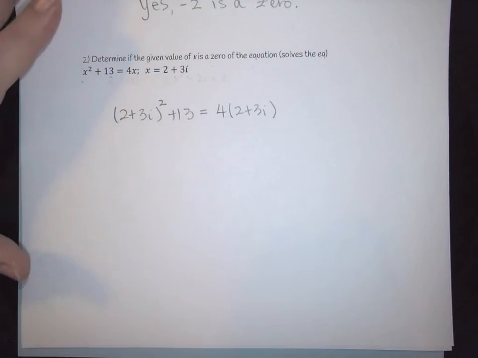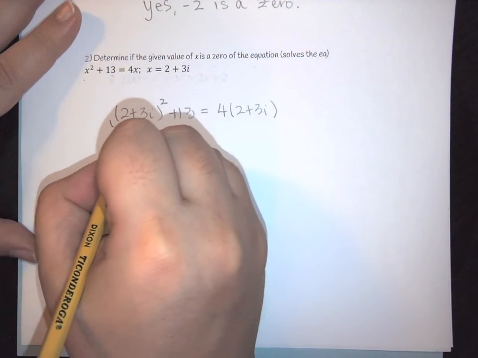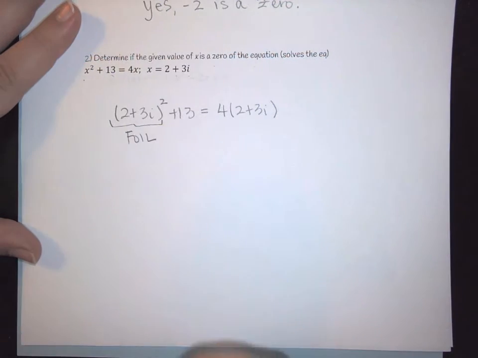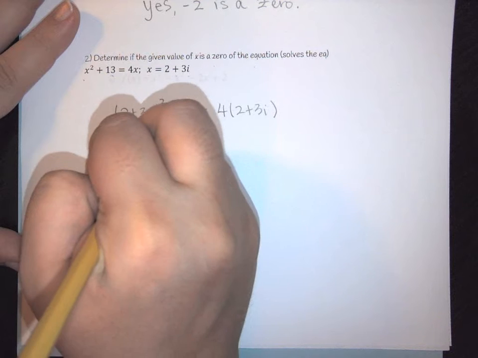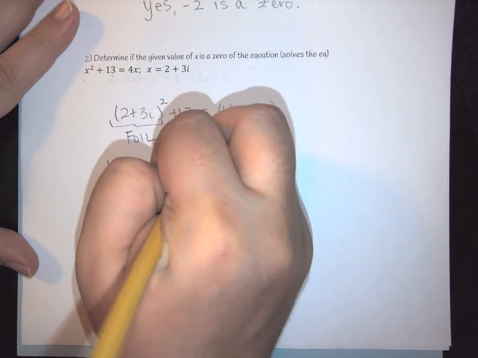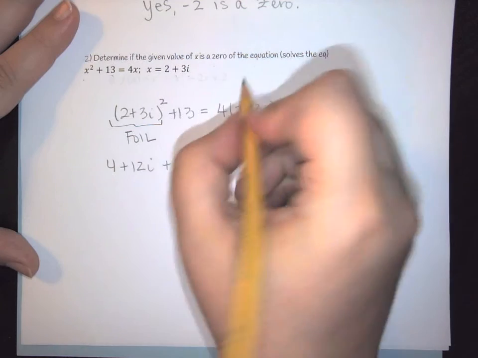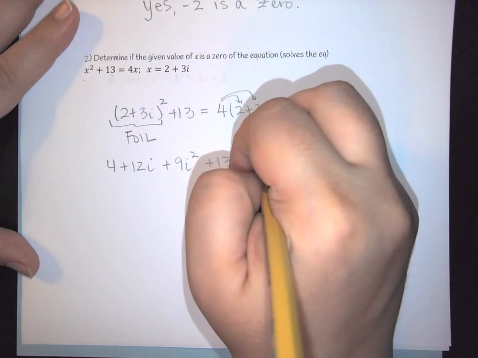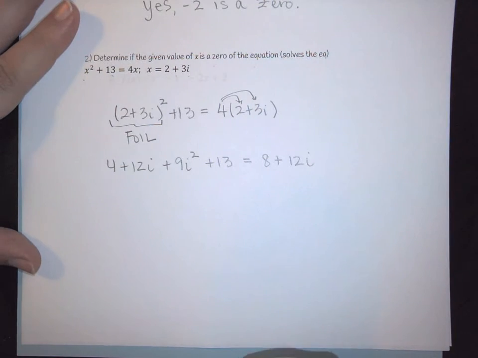So now we simply need to solve. Remembering from algebra, in order to solve this first part, we have to FOIL it. So when we do that, you're going to get 4 plus 12i plus 9i squared plus your 13 is equal to, and in this case we would distribute that 4 through, so this would be 8 plus 12i.